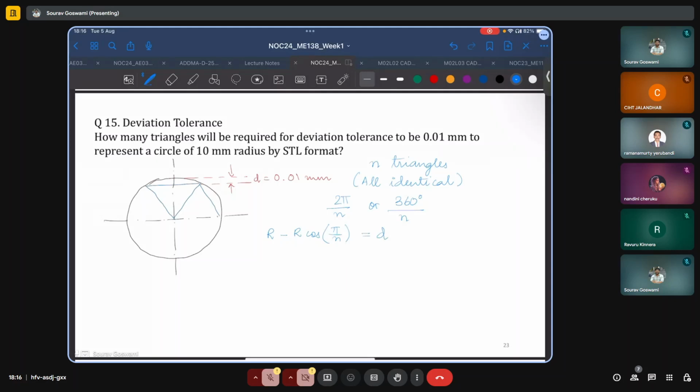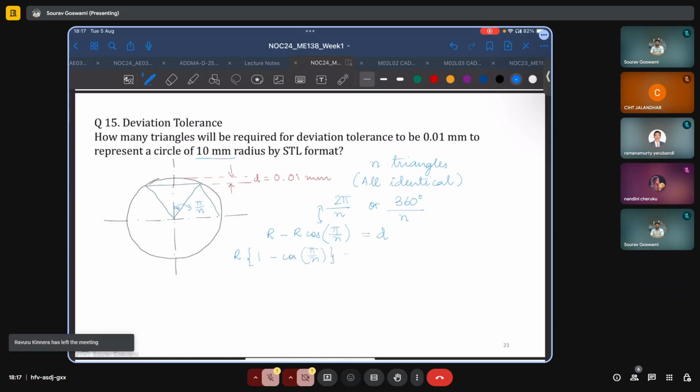Why pi by n instead of 2 pi by n? That is because what we are looking at is half of this angle contained by the triangle. We already have the value for the radius, which is 10 mm in this case, so we can get working. In fact, r can also be taken out common from here, so this is 1 minus cos pi by n equal to d.